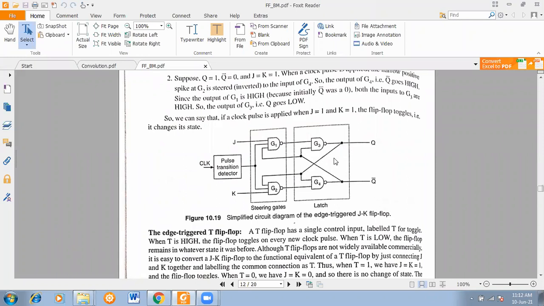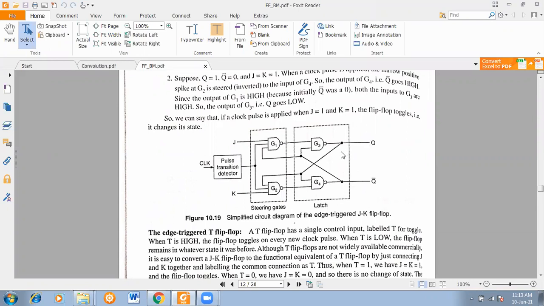Now see here, what have we done? This X is coupled to the input of the lower AND gate. So this X is one of the inputs to G2. That is the main difference, please see carefully. And Q bar is connected to the G1 input. So there is a cross connection.